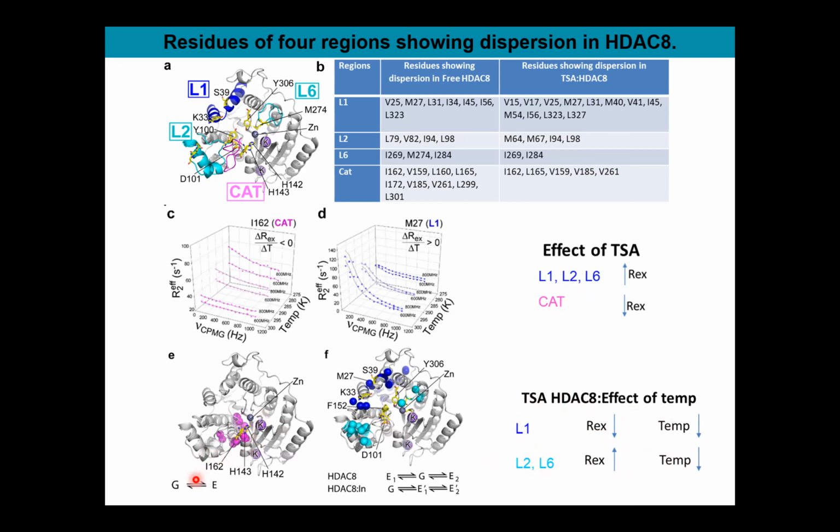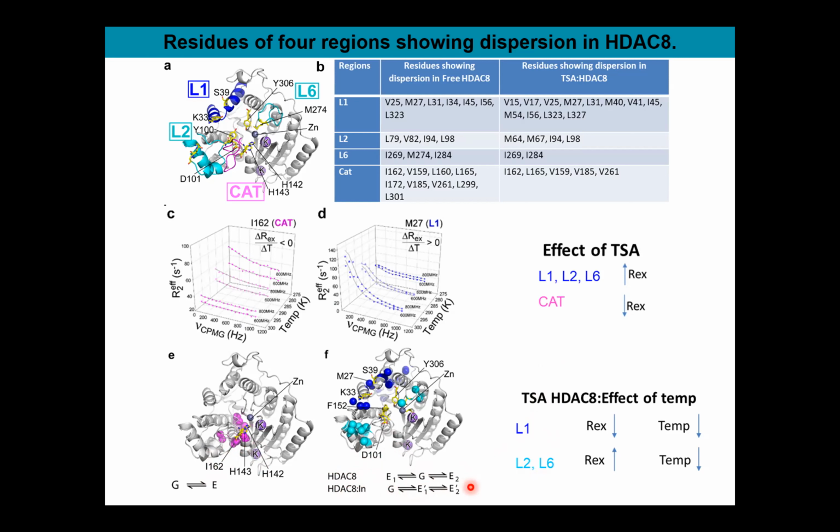The catalytic region is best fitted in the two-state model, ground state to excited state. It means this region has just one excited state, while the L1 and L2, L6 regions are best fitted in a three-state model. In the free HDAC8, the data is best fitted in the bifocal model, E1 to G to E2, while in the inhibitor-bound state, the data is best fitted in the linear model, G to E1 to E2.